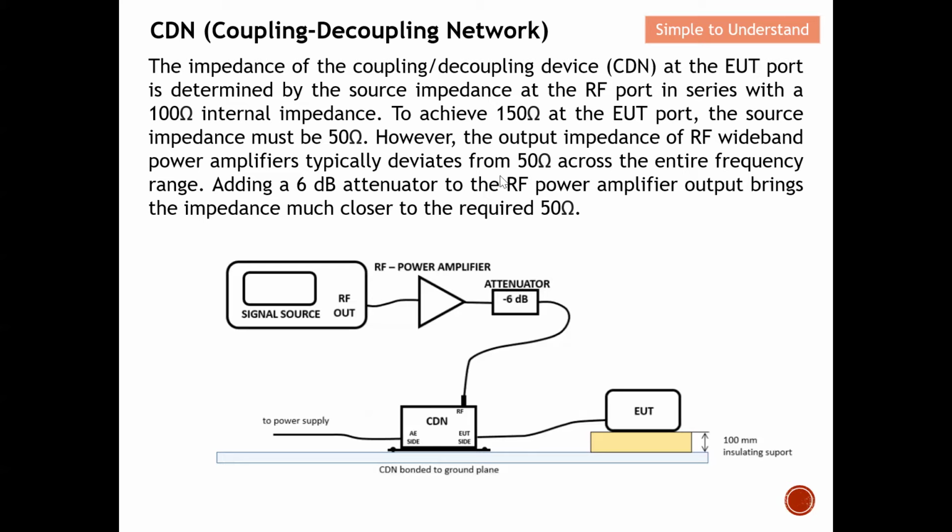Adding a 6 dB attenuator to the RF power amplifier output brings the impedance much closer to the required 50 ohm. So from here you can see this becomes quite near to 50 ohm, 50 ohm in series with 100 ohm, so we have this 150 ohm at the EUT port. This is why we need to achieve as close to 150 ohm as much as possible.